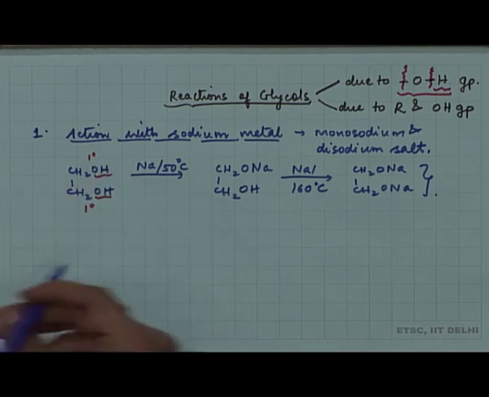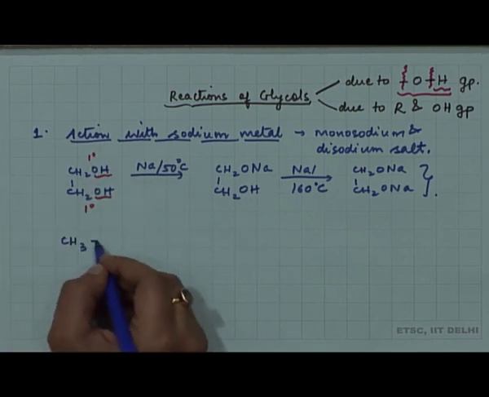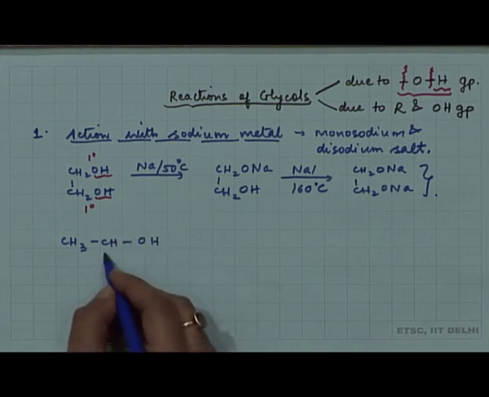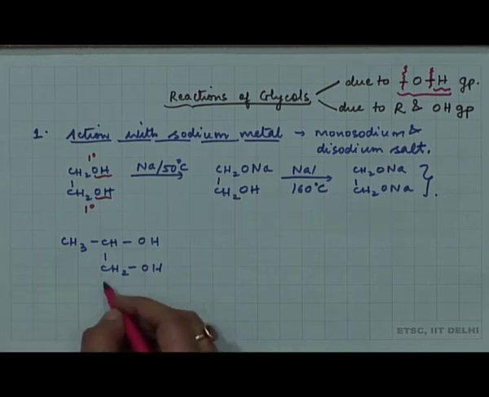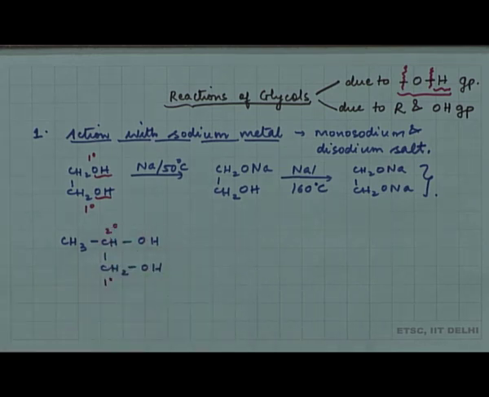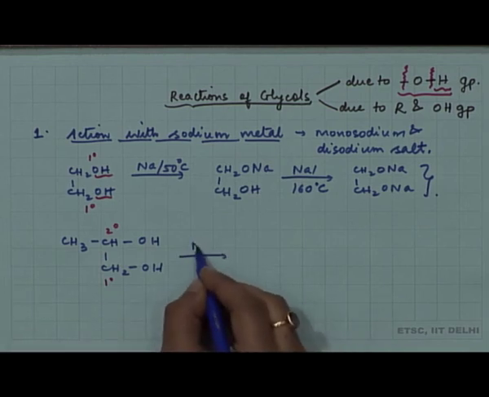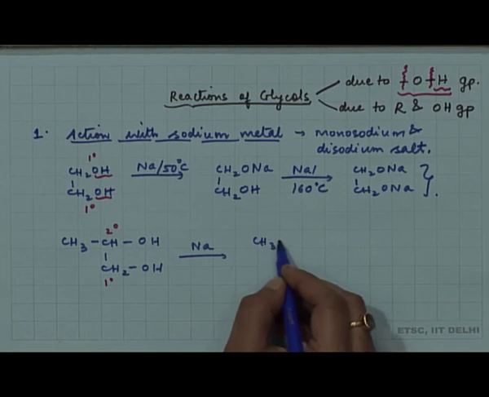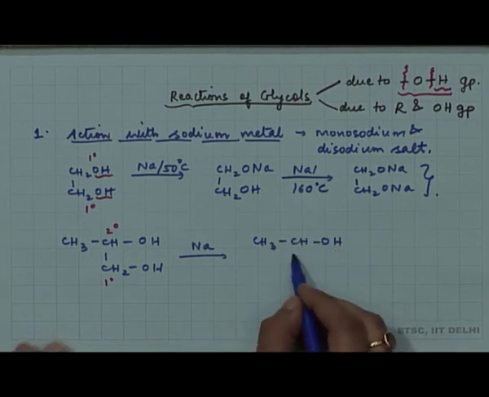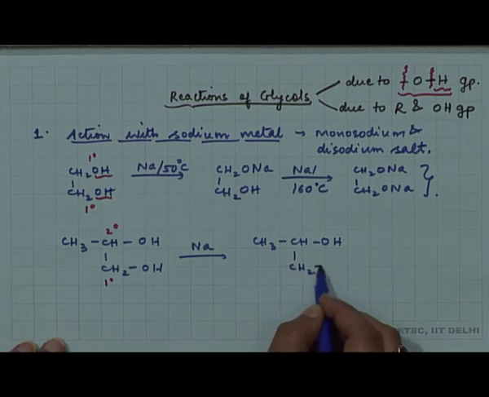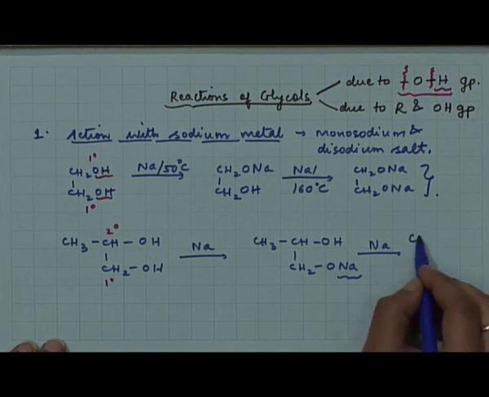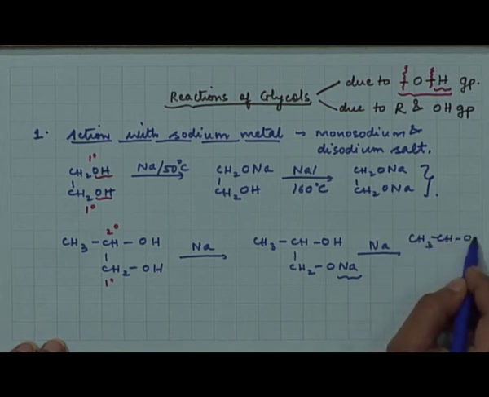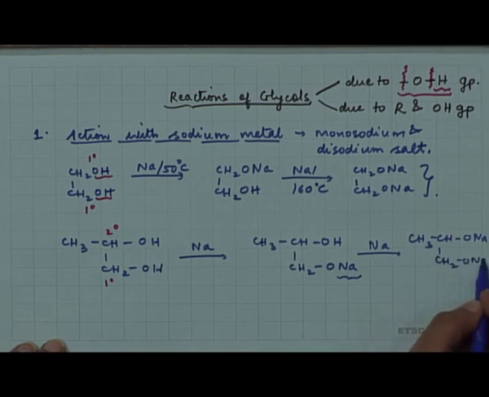If you start with a mixture of a 1 degree and a 2 degree, you will expect some preference of one over the other depending upon the relative acidity of the two hydroxyl hydrogens. So, this is a 1 degree and this is a 2 degree. When you do this reaction with the sodium metal, you will expect the primary alcohol OH hydrogen to get replaced, this being more acidic, as we discussed earlier, followed then by the replacement of the other hydrogen of the secondary alcohol to give you the disodium salt.